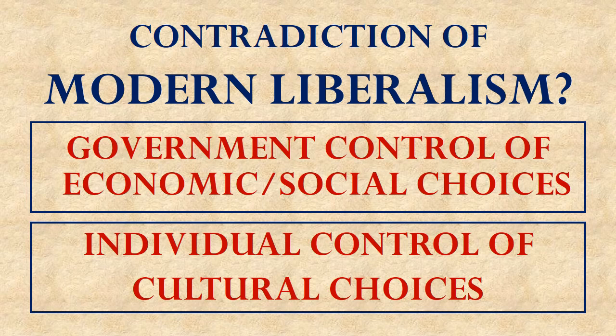But they want government to stay out of whether or not you choose to smoke pot, for example. But from the modern liberal point of view, this isn't a contradiction, because in both cases, they are focused on liberty. Just in one case, they think that the government needs to step in to help people be more free, and in the other, they think that you're free on your own.